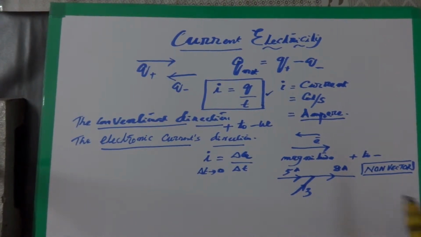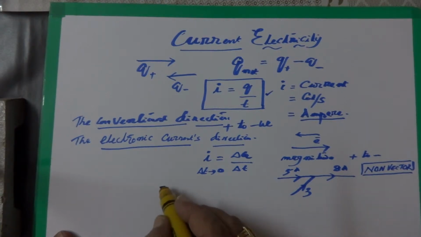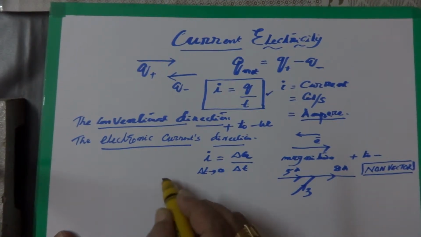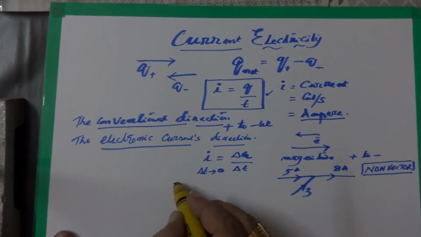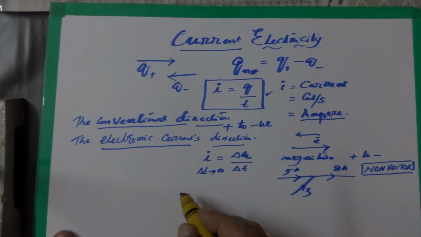Now, to study more about the current, we must have some recapitulation of the structure of atom. In the chapter structure of atom, we have studied that within the atom a nucleus is there, and around the nucleus the electrons move, and within the nucleus neutrons and protons are there.